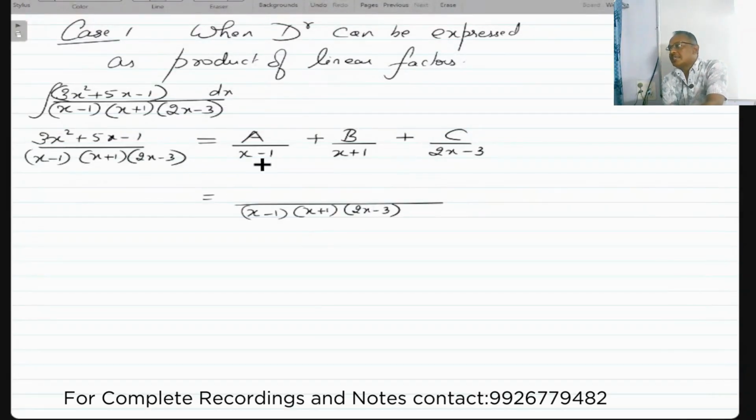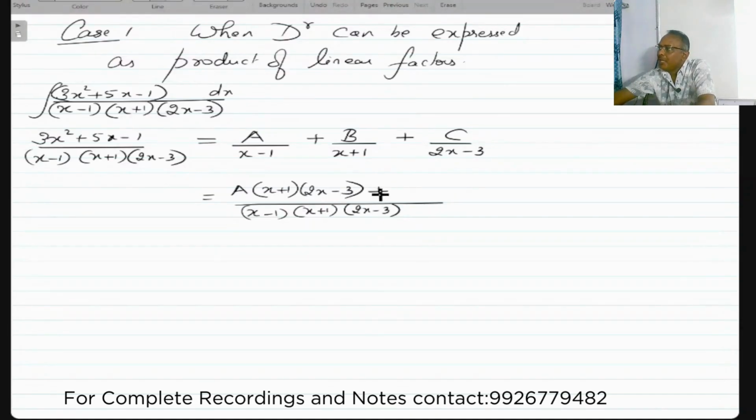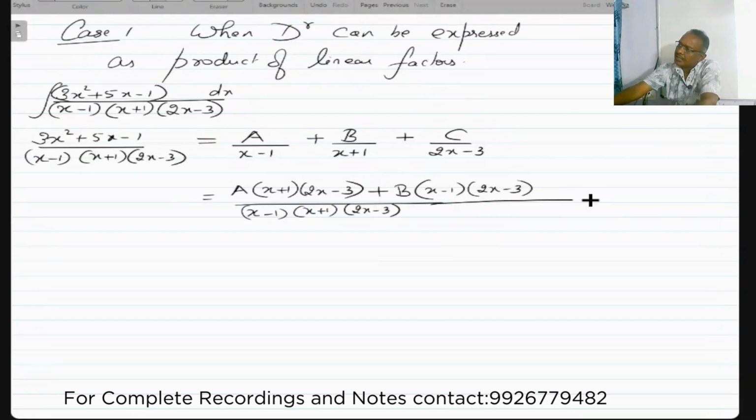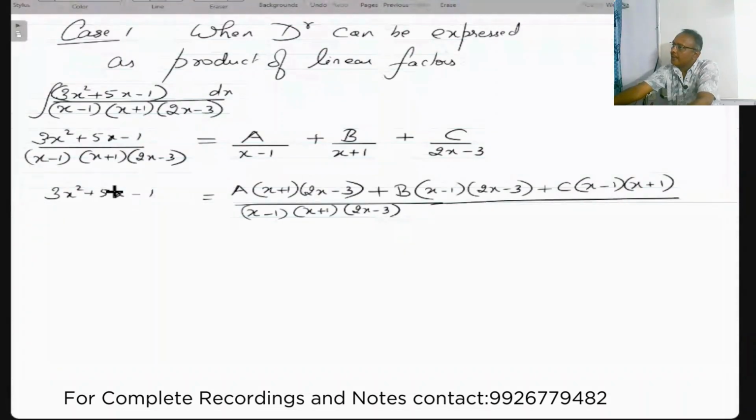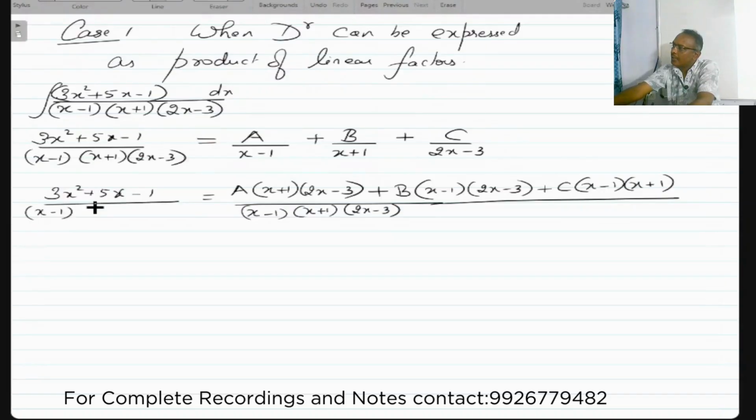Right? Does a have x minus 1 with it? No. Whatever it does not have, give it to a, and a is happy. b has x plus 1. What is not there? x minus 1 and 2x minus 3. c has 2x minus 3, so it gets x minus 1, x plus 1. And this is 3x square plus 5x minus 1 upon x minus 1, x plus 1, 2x minus 3. This whole denominator will cancel off.